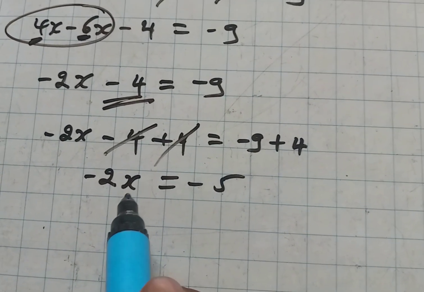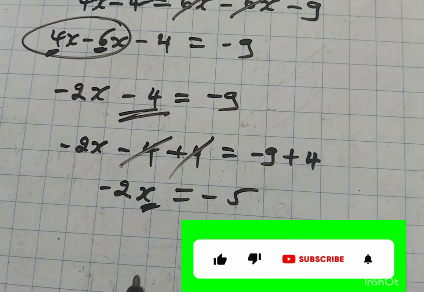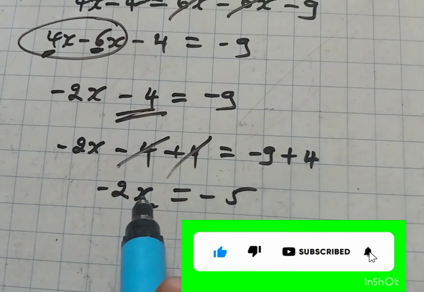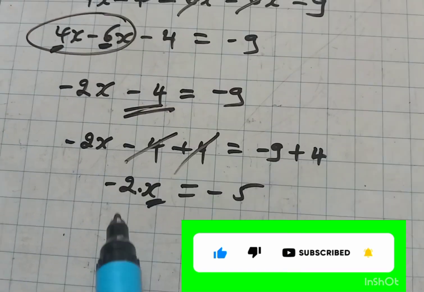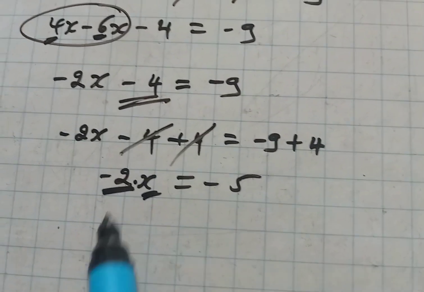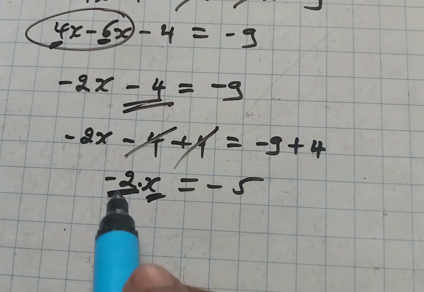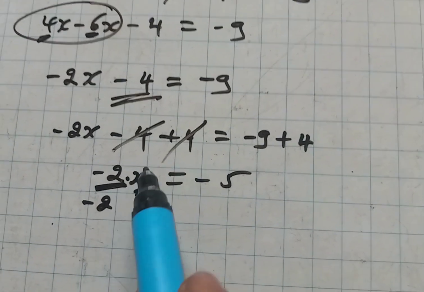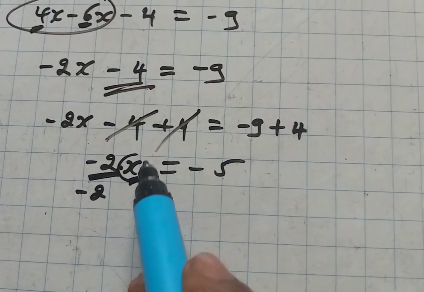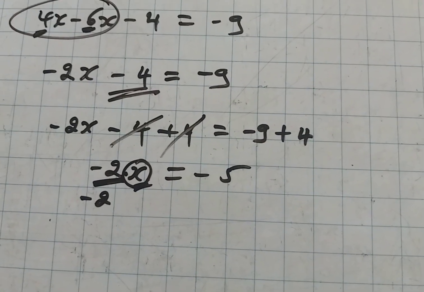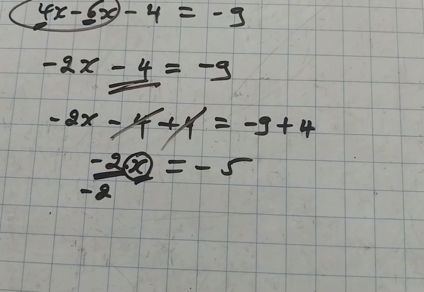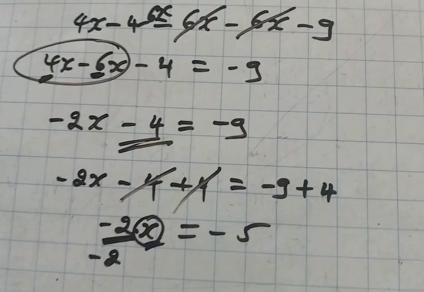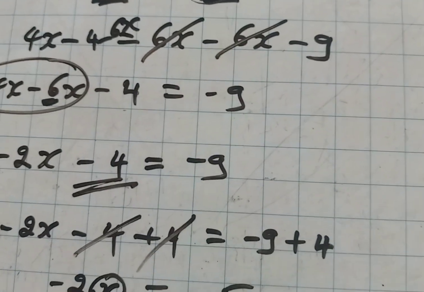We need to solve for x. Since you have negative 2 times x, this negative 2 is going to be divided by another negative 2, so that we remain with only x, since we are finding its value. Let me do it on the other line.